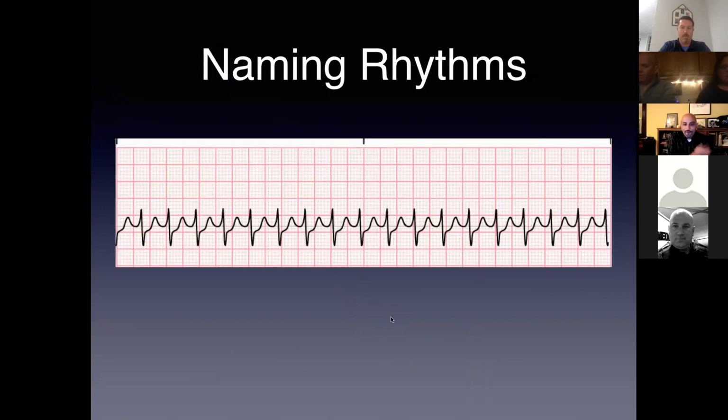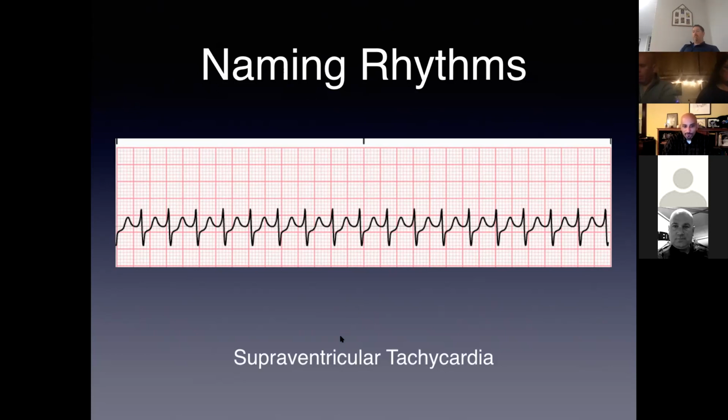What do we have here? SVT. And what does SVT stand for? Supraventricular tachycardia. Yeah, so it's coming from somewhere above the ventricle. We don't know exactly where, so we just make it a wastebasket term of supraventricular, and it's fast. And so it's tachycardia. So that's why we call this supraventricular tachycardia.